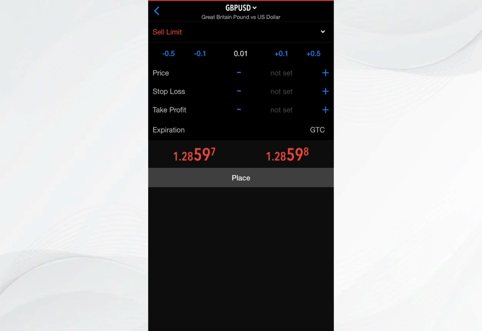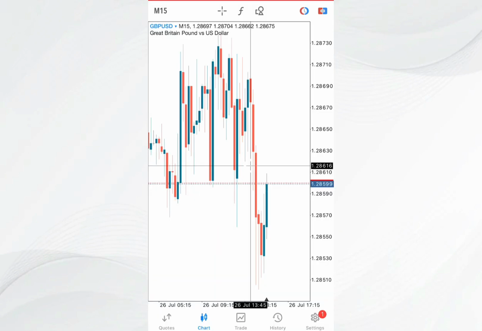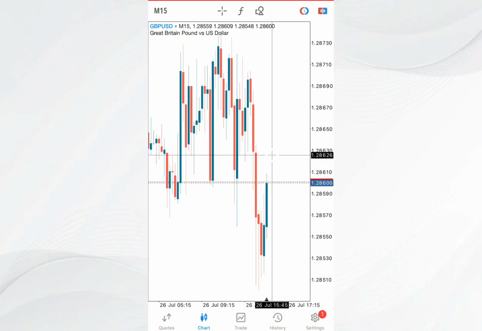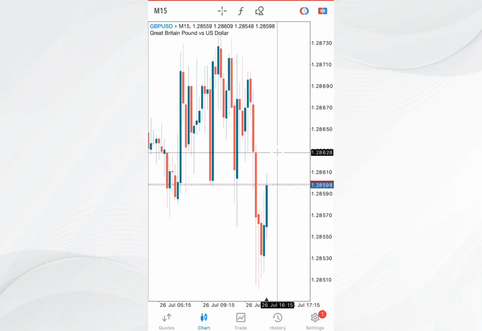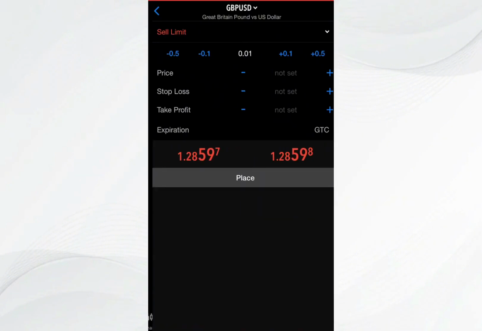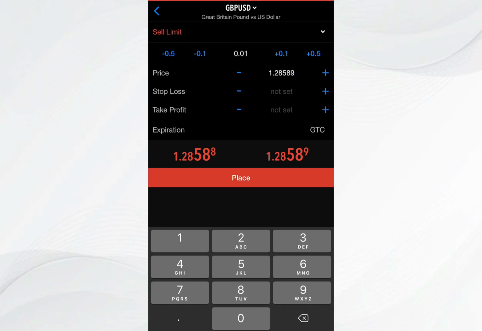So sell limit is just the opposite of buy limit. So what you do is that you place it above the current market price. So this is the current market price, 1.28600. Then you will now put your sell limit here. So you want price to get to 1.28630. You go here, put your plus button where it's written price, 1.28630.